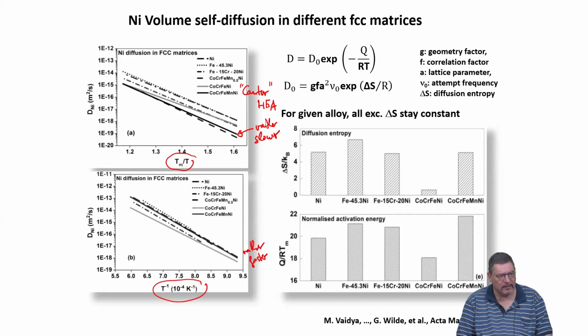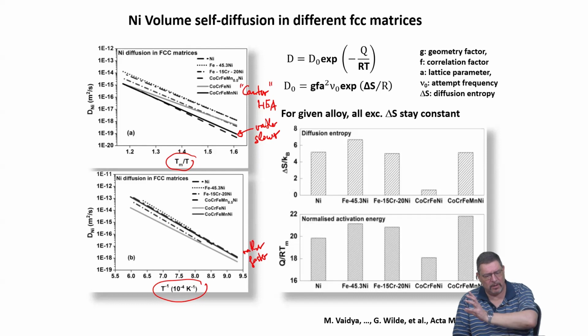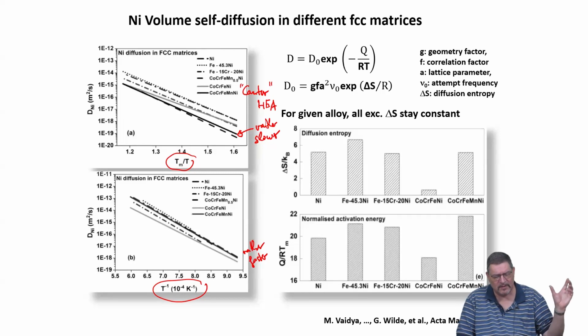Now we have to again analyze what we see here. When we look at the span at constant temperature of the diffusivities which we measure, they vary by about 1 order of magnitude at max, going from a pure element, self-diffusion. We always look at nickel diffusivities here, and then going to binaries, ternaries, quaternaries, up to the equimolar 5-component alloy.